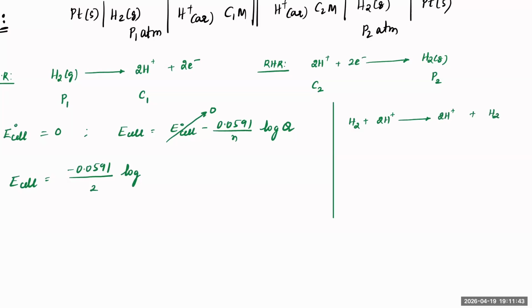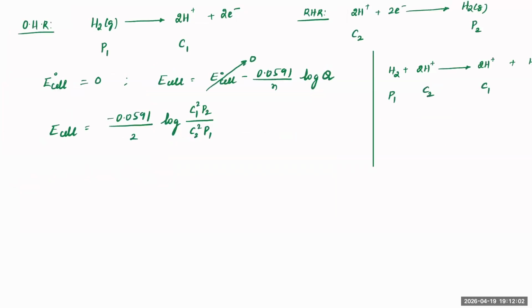H2 here is P1 and here it is P2. This is C2 and this is C1. So Q will be equal to C1 square P2 by C2 square P1. Isn't it? This is what you will get. Therefore, E cell will be equal to minus 0.06 by 2 log of C1 square P2 by C2 square P1.